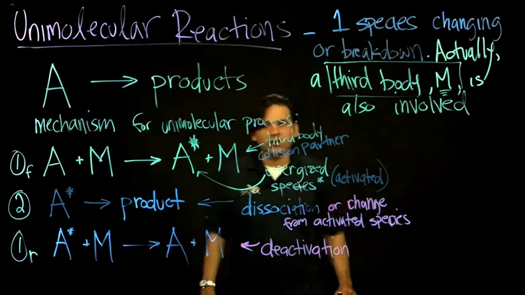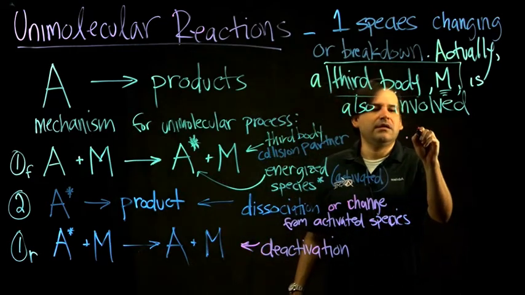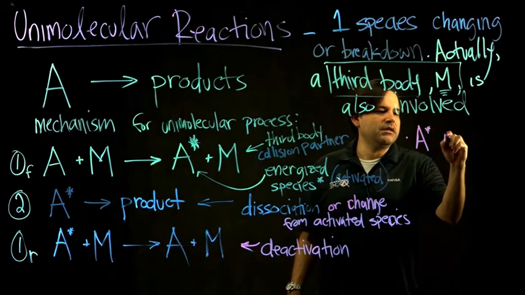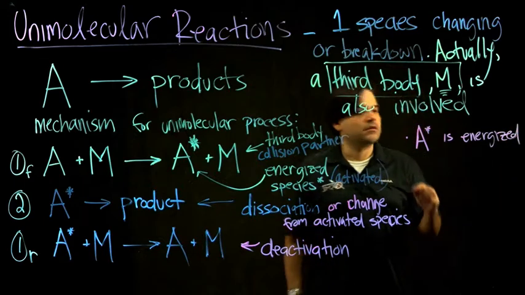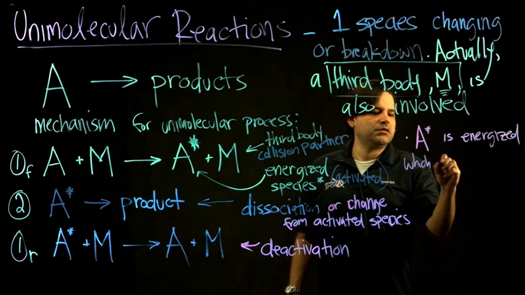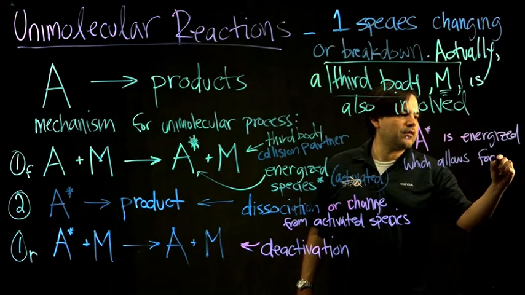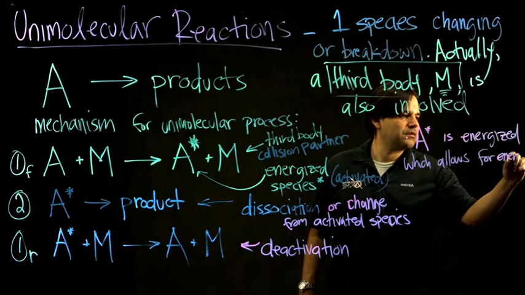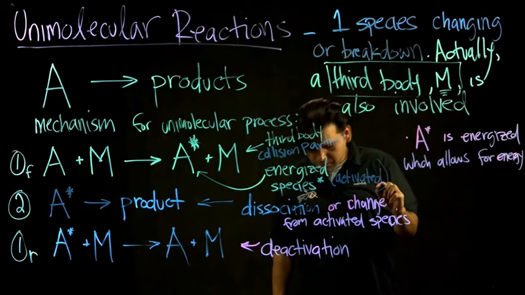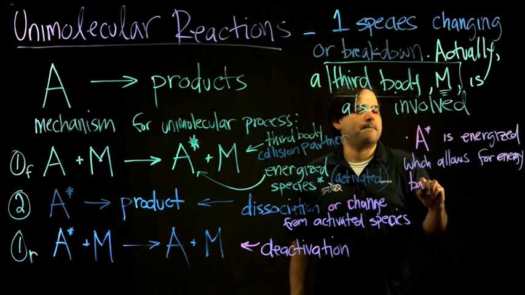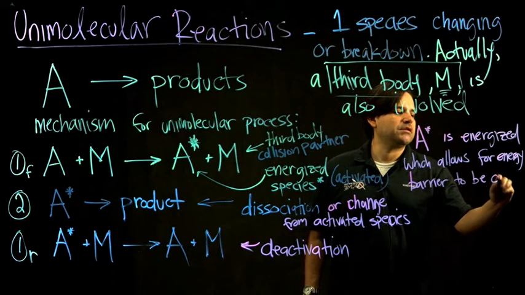So a couple of other notes is that what we're doing is that A is energized, which allows for an energy barrier to be crossed.